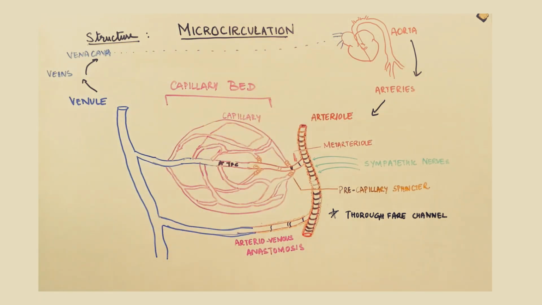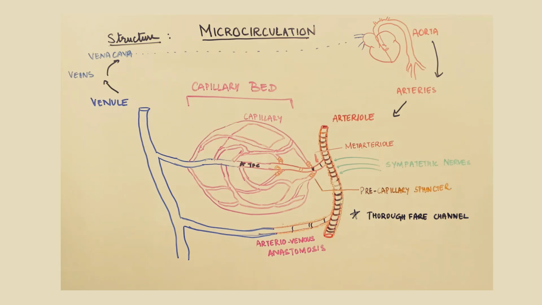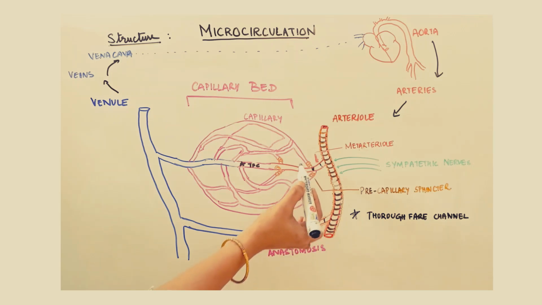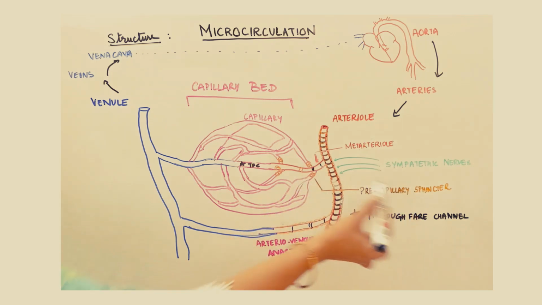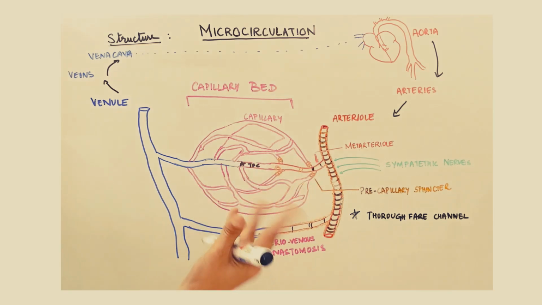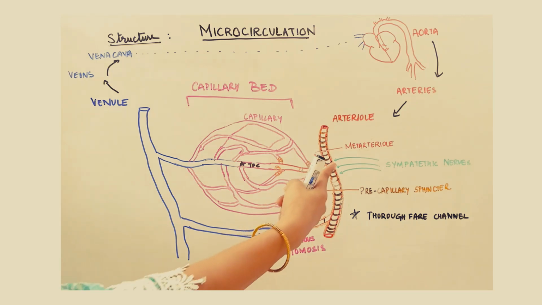The capillaries at the origin point are covered by rings of smooth muscles called the precapillary sphincters. Blood flow through capillary beds is regulated by precapillary sphincters. These can constrict or dilate to control the amount of blood entering the capillaries.